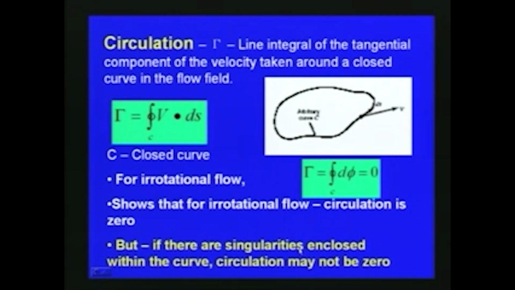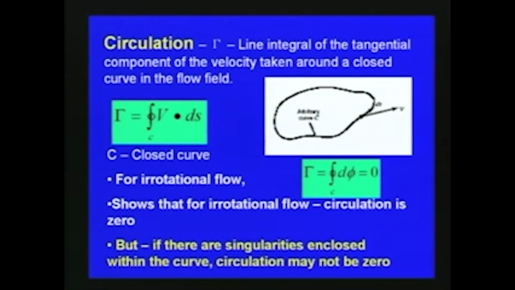We have seen that a vortex can be a forced vortex, that is rotational, or a free vortex, that is irrotational. For the irrotational case circulation is 0, but if there are singularities enclosed within the curve, circulation may not be 0.